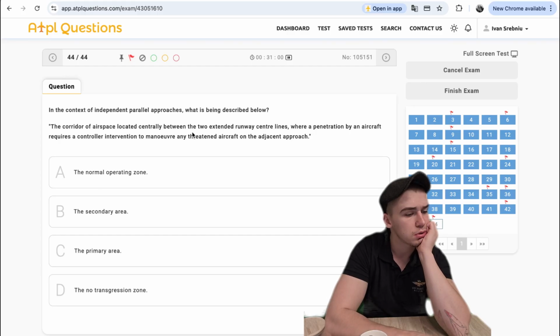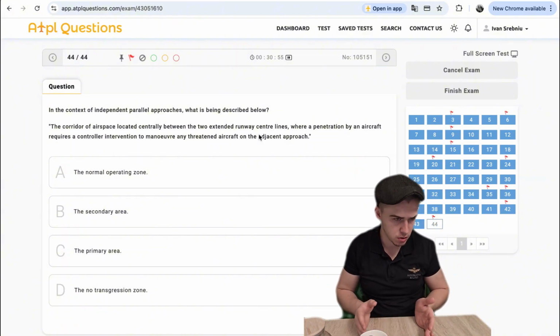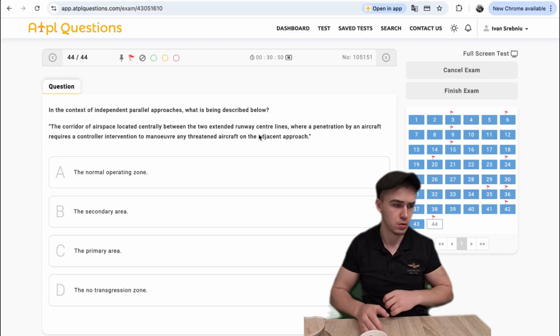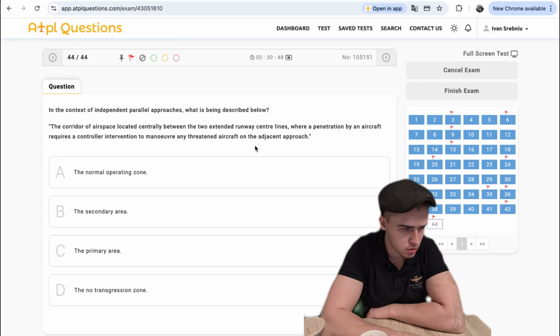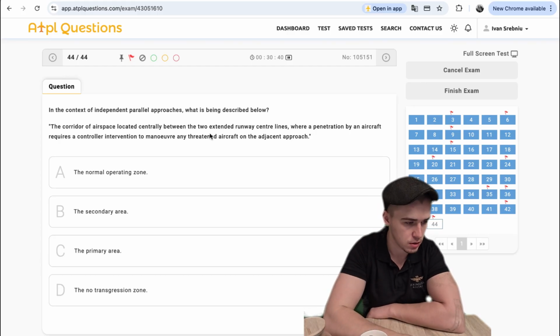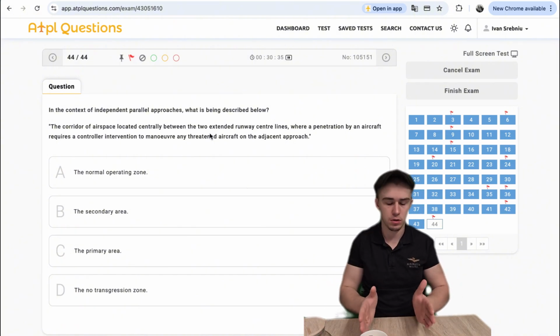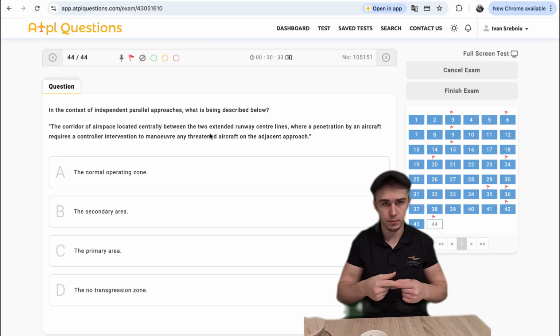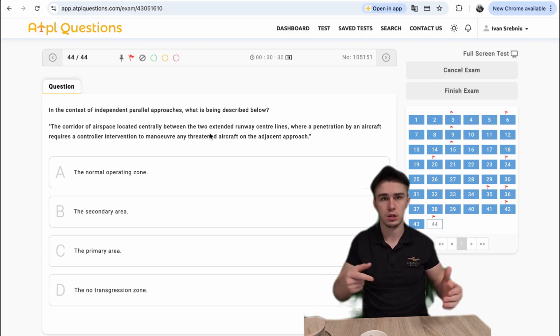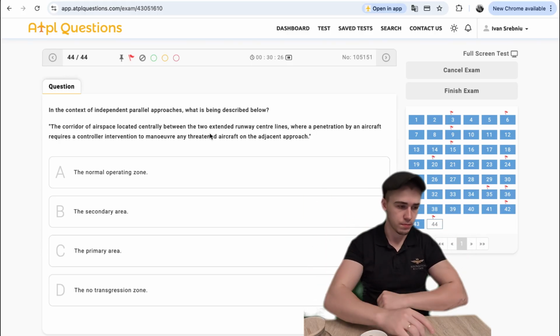Centrally between the two extended runway center lines, it's easy. The no transgression zone when parallel approach or parallel departures. Here there must be no transgression zone. If one aircraft flew into the no transgression zone, all aircraft must go around.